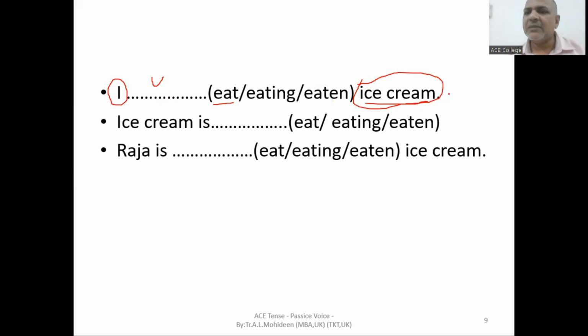Why can't you put I am eating here? If you are going to put I am eating, you need one word here: now. If it is now, then you can say I am eating. If there is no now, you have to say I eat. Do you understand the difference? If it is now, you have to say I am eating ice cream.